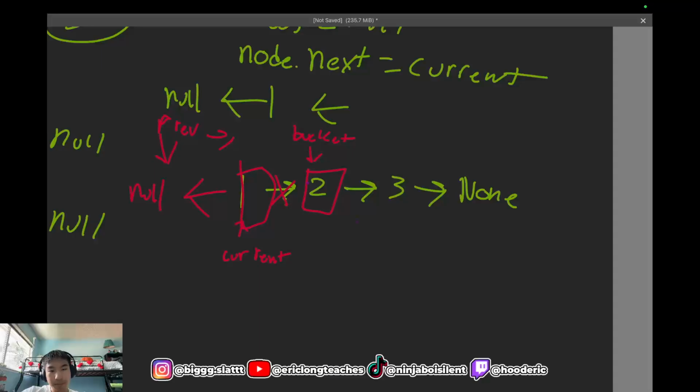And now bucket is 2. So bucket is 2. Go to 2. So 2 dot next, you want 2 to point to current.